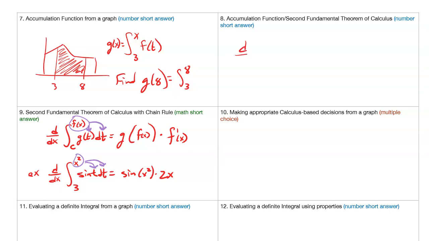So I'll re-example number 8. Negative 20 to x of square root of t squared plus t dt. So if it's just a plain x, then your answer is very straightforward, and you put an x instead of a t. If you don't need chain rule, it's just a plain x. Chain rule would mean that you have a separate function.